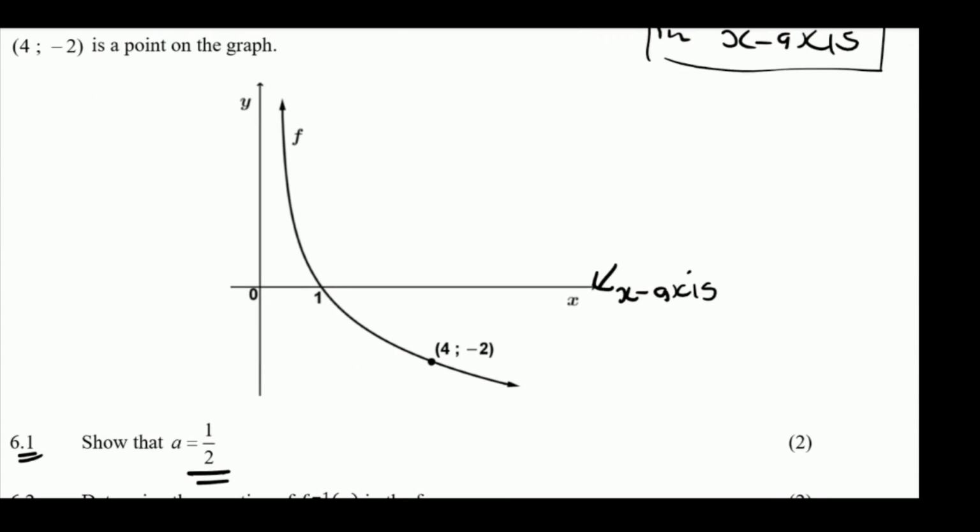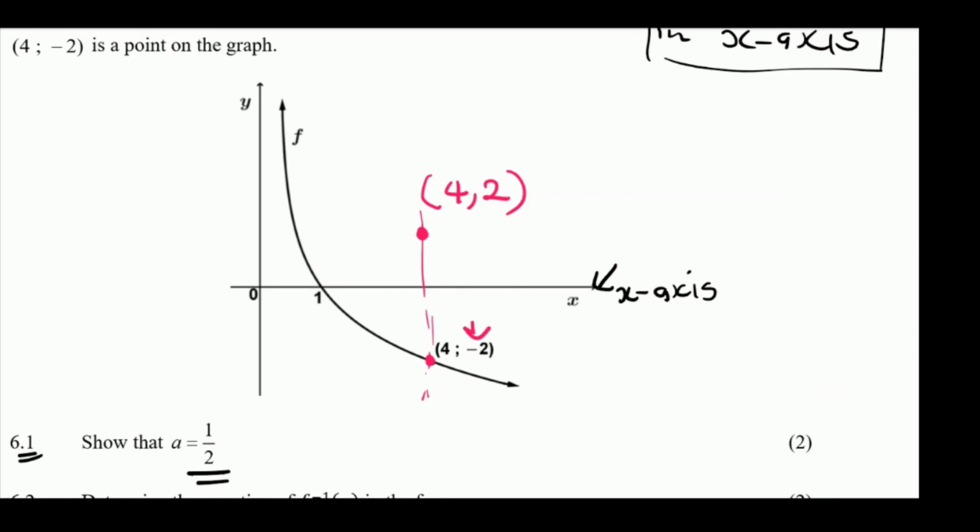So for us to find it, we know very well that if it reflects about the x-axis, it means now where here the coordinate is 4 and minus 2, right? So if it reflects about this x-axis, the 4 remains the same, but the y changes.